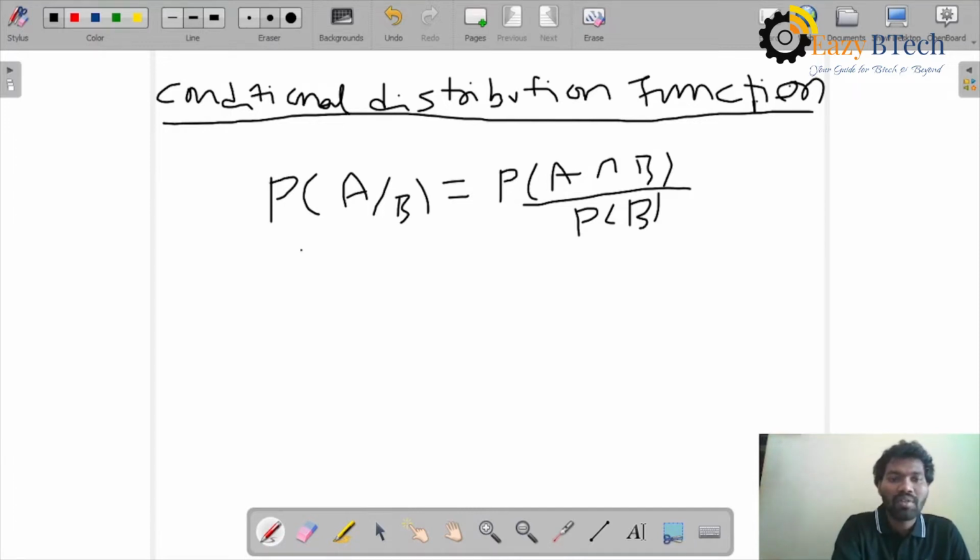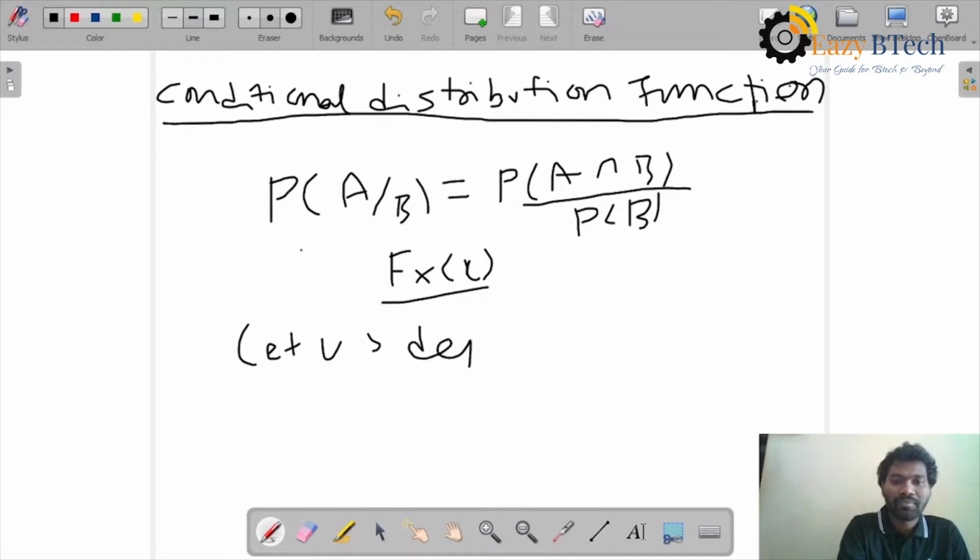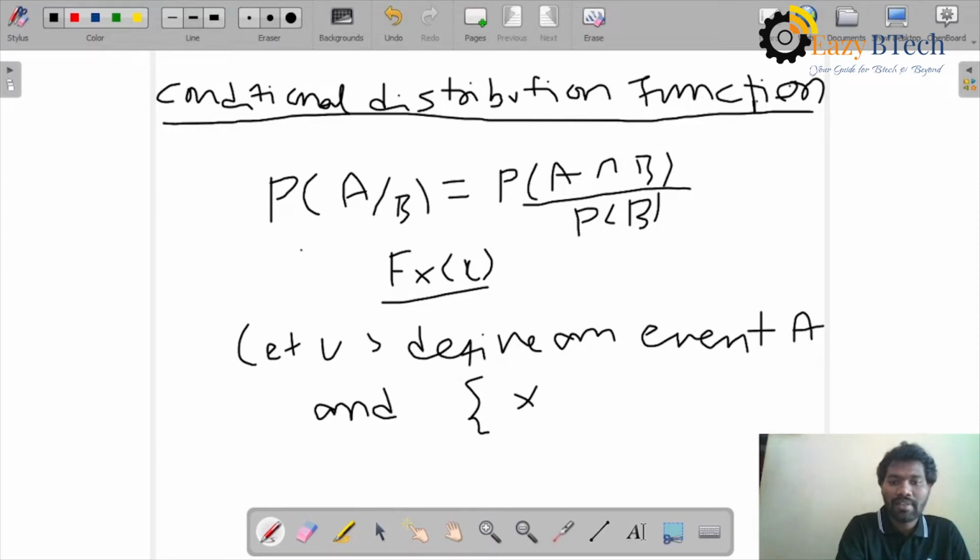We already know the distribution function is represented by Fx of x like this. Now we are introducing conditional probability. That means let us define an event A, and our random variable X less than or equal to x.